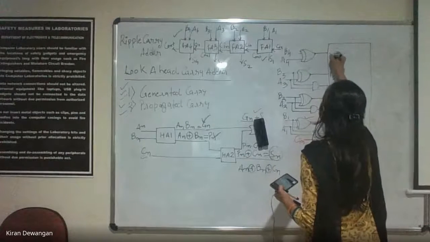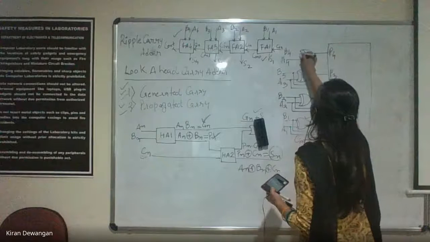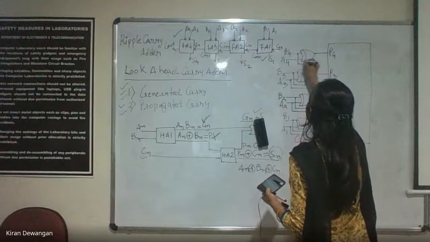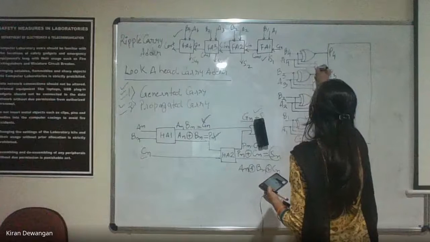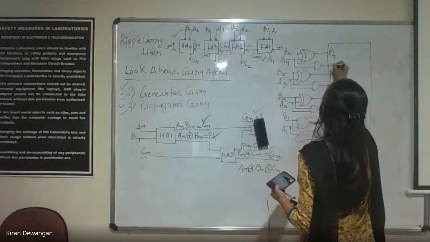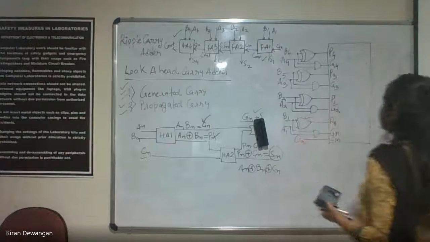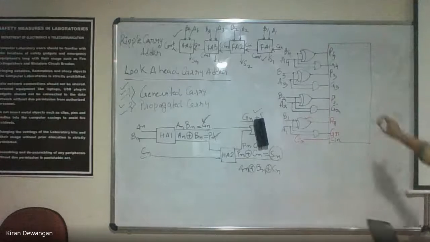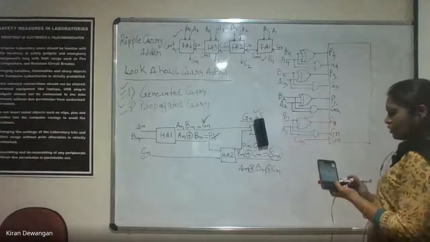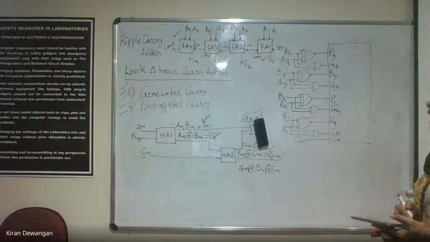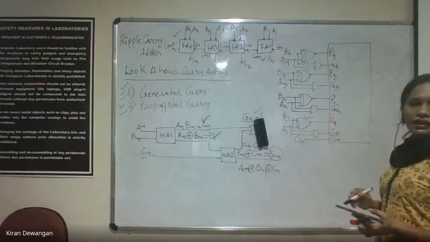It will produce P4 and G4. That's it. So from here we have got all the propagated carries and the generated carries.